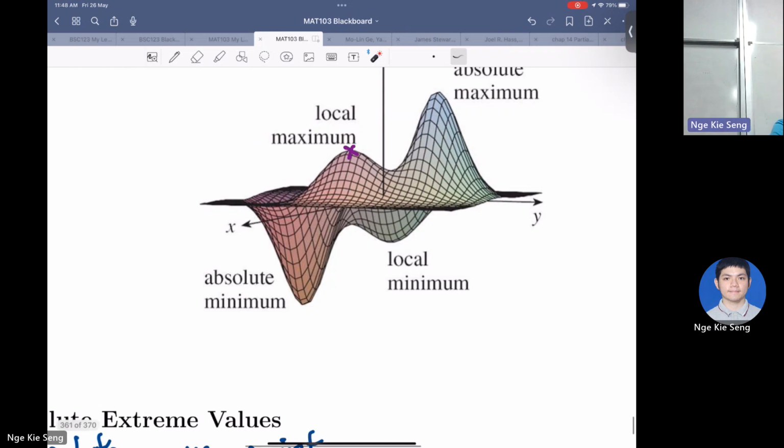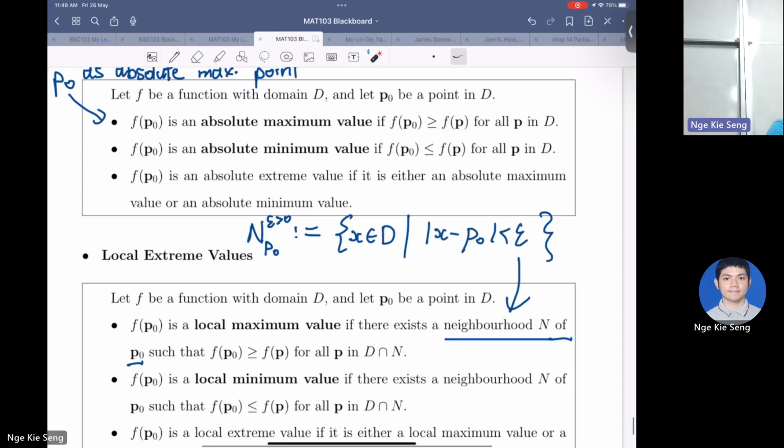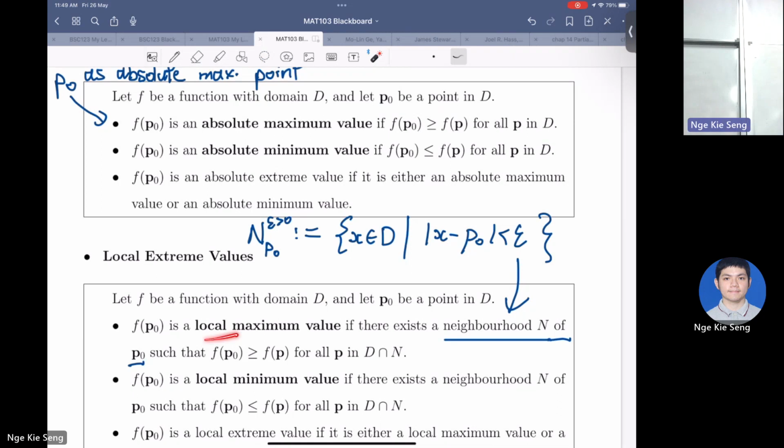Definition. So the definition of local maximum value: there are two things here, P naught and F of P naught. If you take a point and apply F, you get a value. We say this value is a local maximum value if there exists a neighborhood N of P naught.